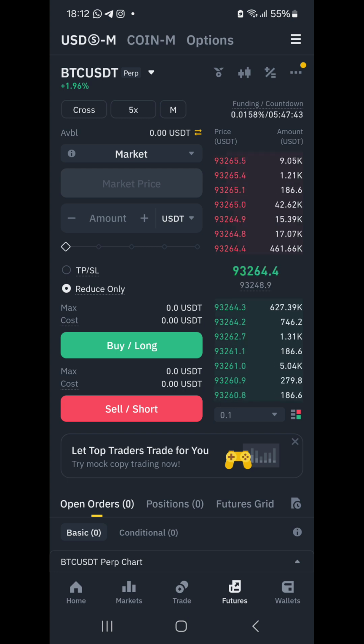Now, rebate benefit. If the trade value is $40,000, a 0.02% rebate would be $8. This offsets your trading fees or adds a small profit.